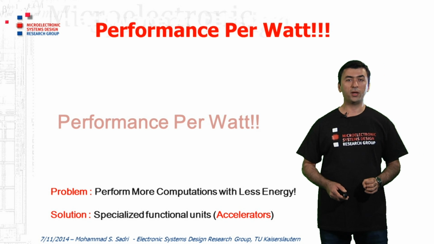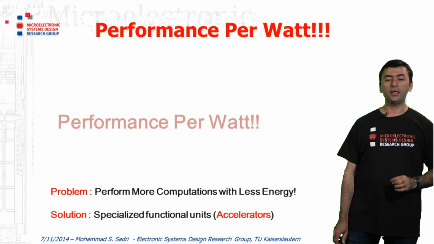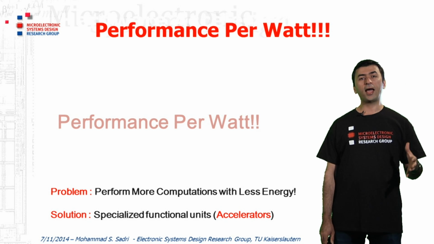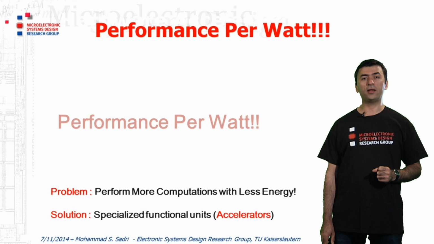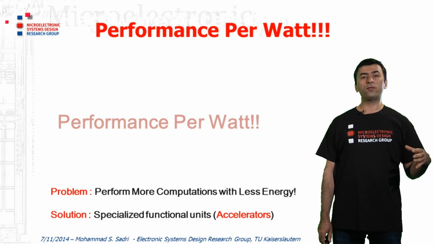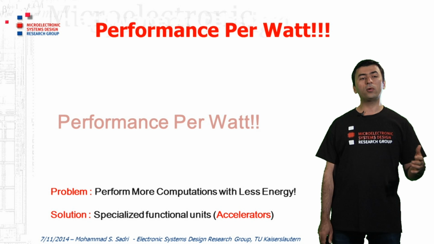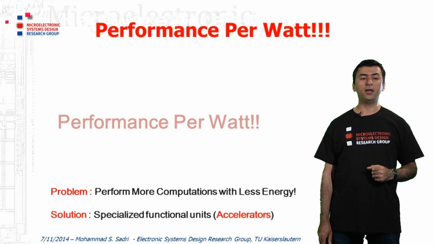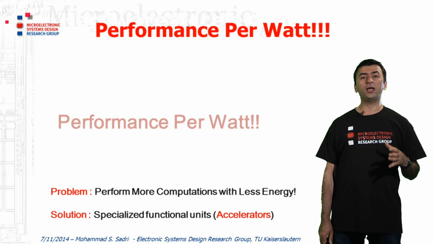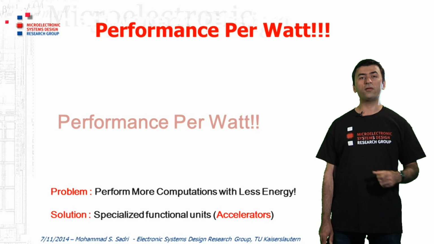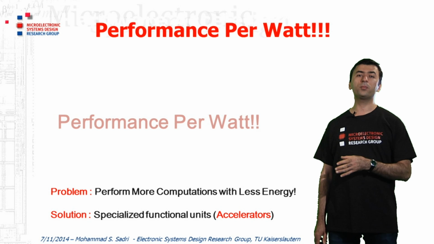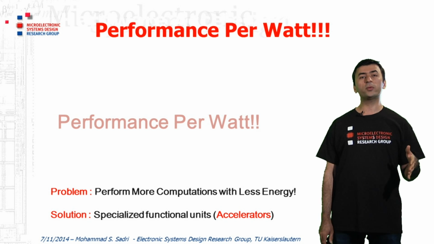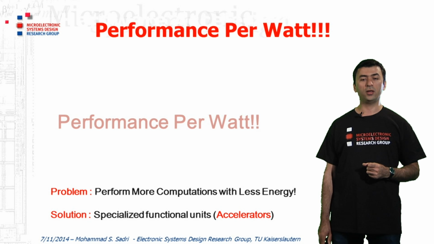One good solution to achieve this goal is specialized hardware units. In fact, as we have a computational task, instead of running the whole task using one or several CPU cores, we look at the task and see if there exists the potential of accelerating different parts of this computational task using specialized hardware units.